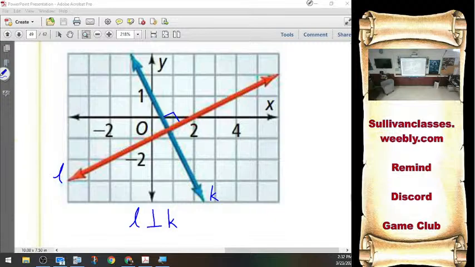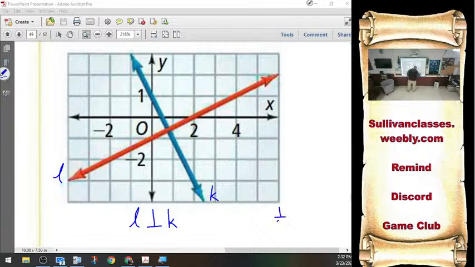Okay? Now, instead of having the same slope to be parallel, to be perpendicular, well, what's the slope of the blue guy? Up how many over however many? Up 1 over 2. Okay?